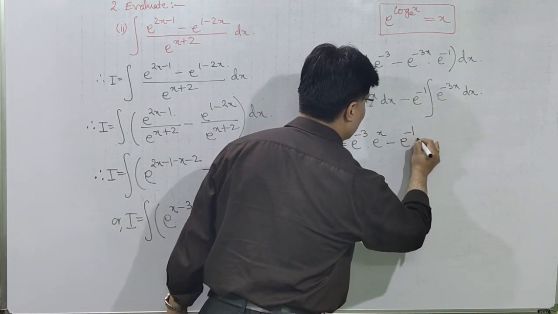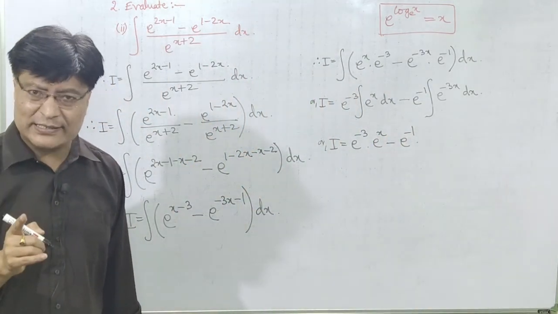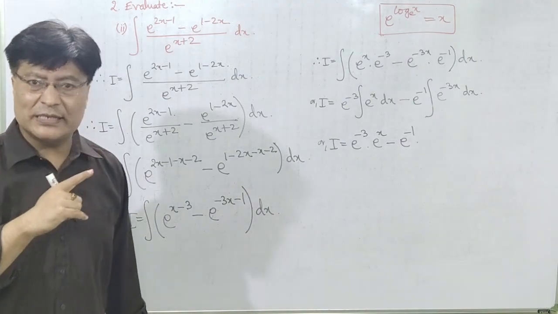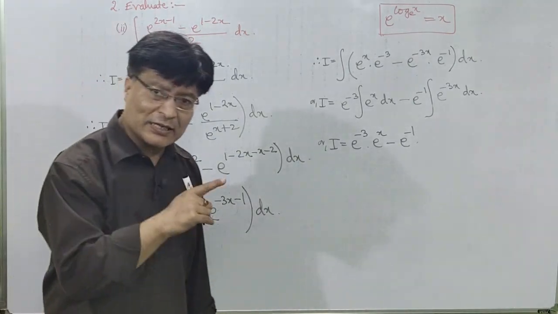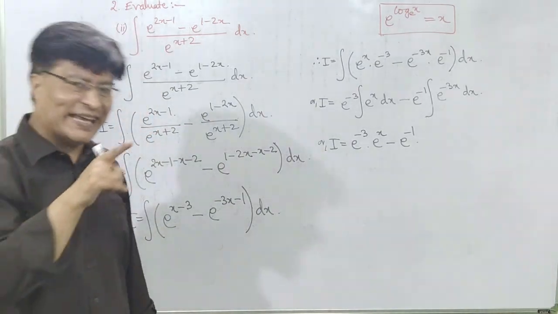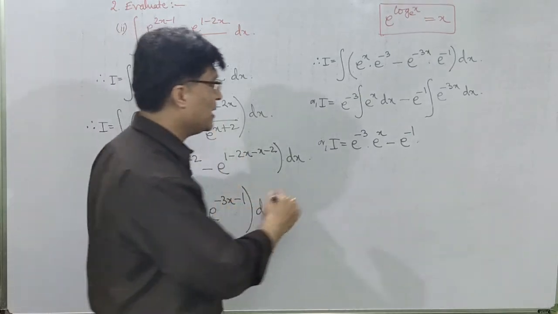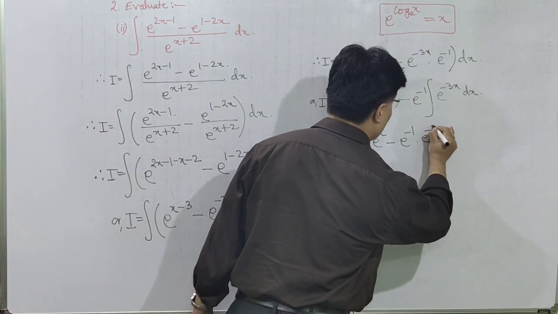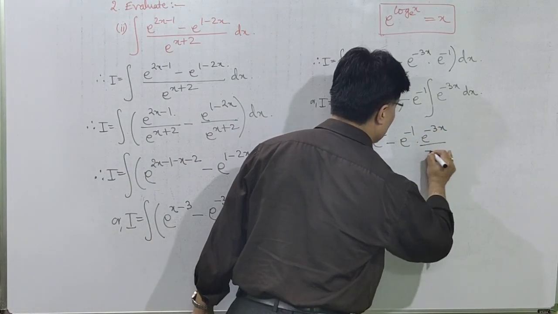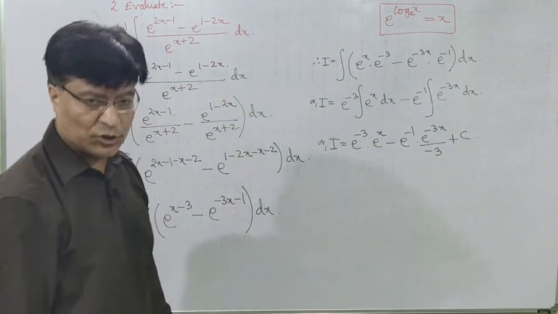Minus e to the power minus 1 into, what is the integration of e to the power mx dx? e to the power mx divided by m. In case of differentiation, it is e to the power mx into m, but in case of integration, e to the power mx should be divided by m, right? So it is e to the power minus 3x divided by minus 3, then you can write plus c.